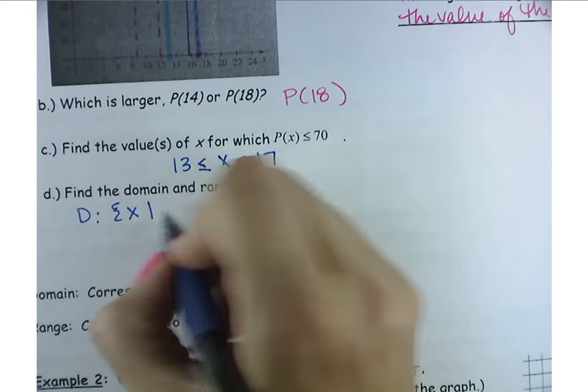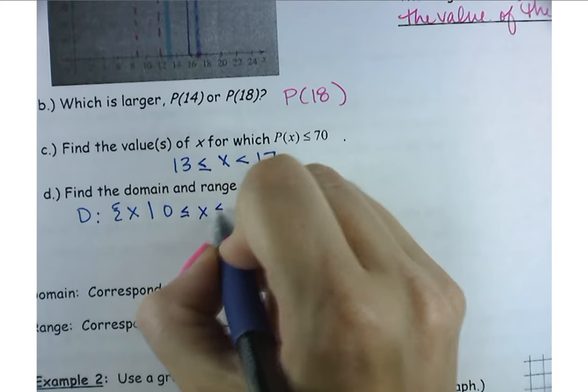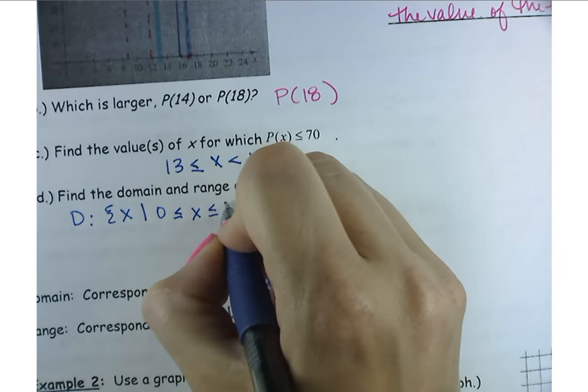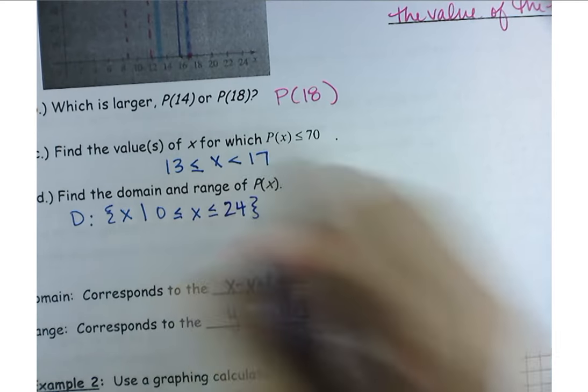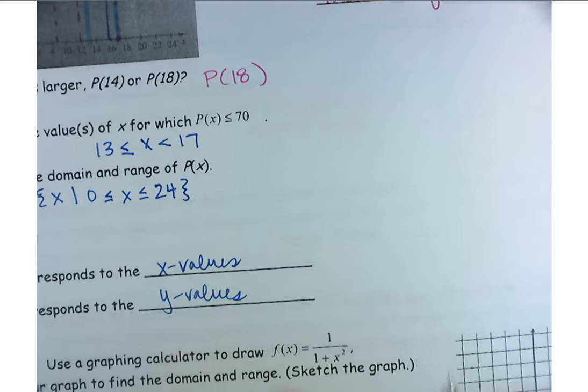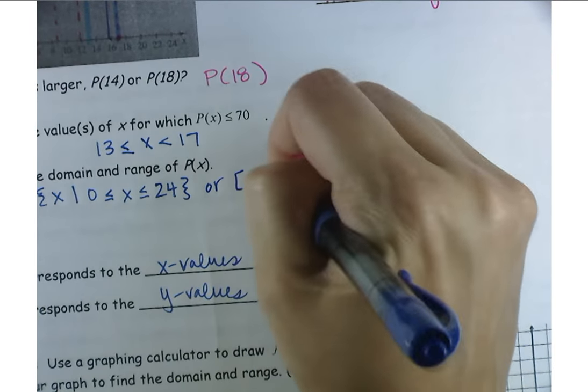It's 0. And the highest X value? 24. Okay, because remember your X values are representing the hours. Now if you wanted to write that as an interval, you could do 0 to 24.